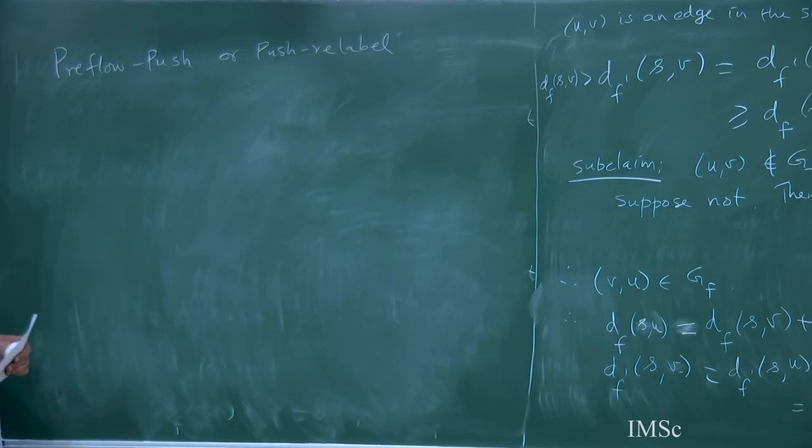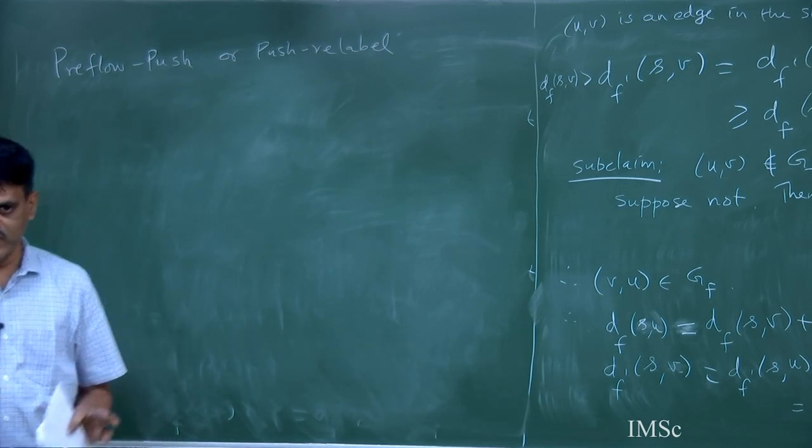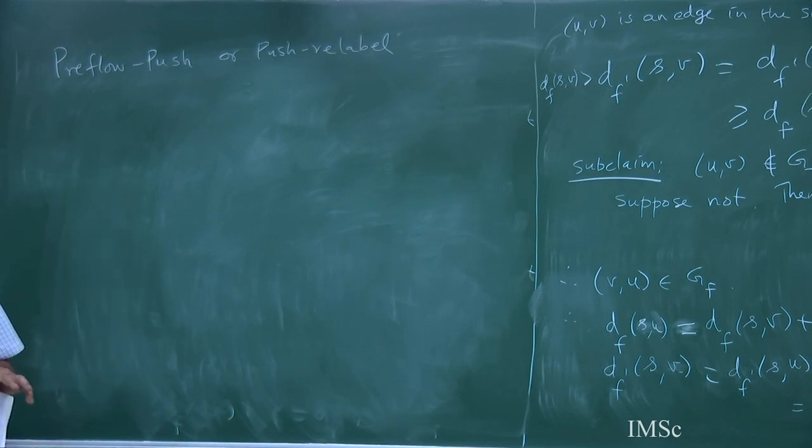Okay, so if you think of Ford Fulkerson, at any point of time we had a flow. We always had a feasible flow. And when did we reach optimality? When the residual network has no path. That's when I reach optimality.